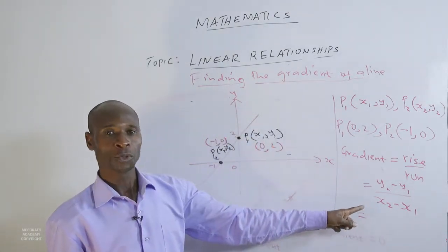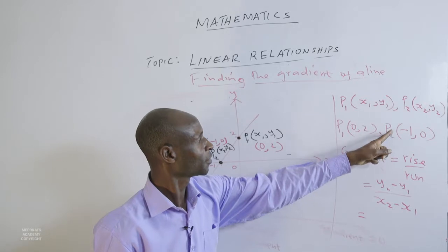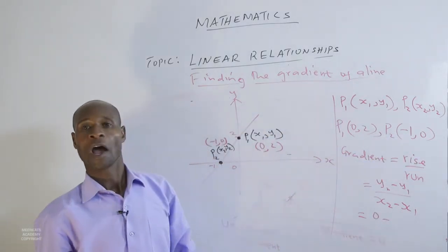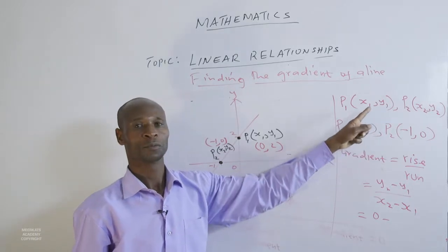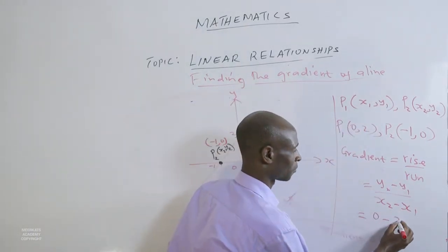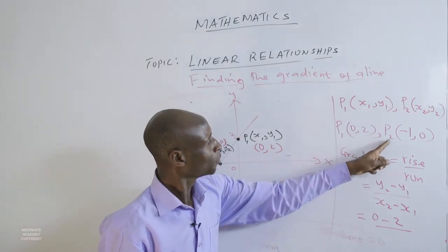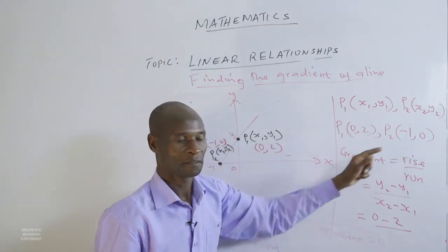So our y2 in this case is 0. Our y1 is 2. Our x2 is -1.